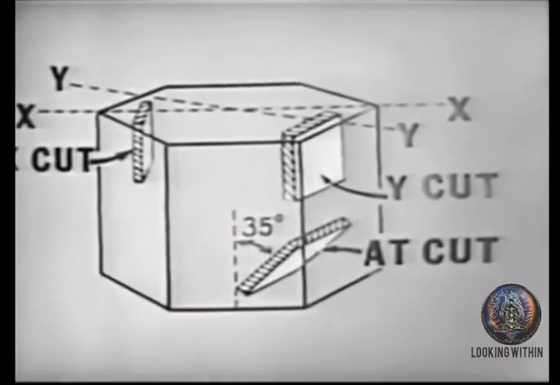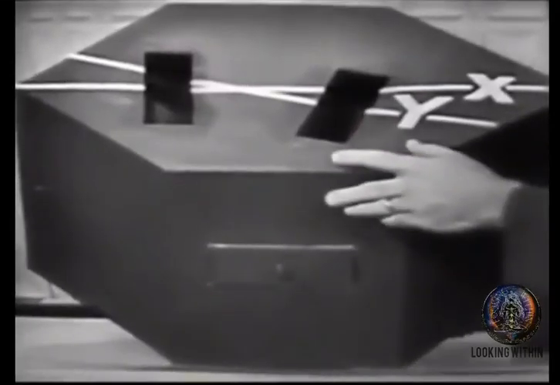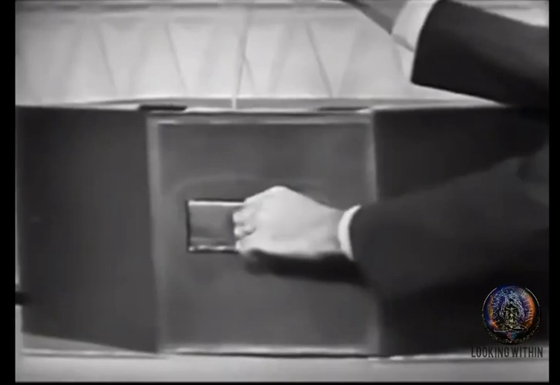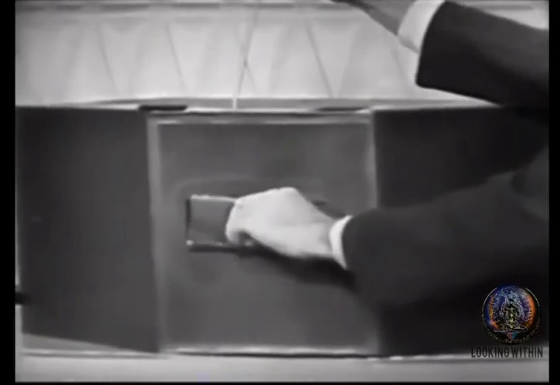Okay, back to the mock-up once more. Now, in this case, the crystal cut is taken right in, or made right into the face of the crystal. Remember, the z-axis is running down through the crystal in this manner. And we'll cut at a 35-degree angle from this z-axis.